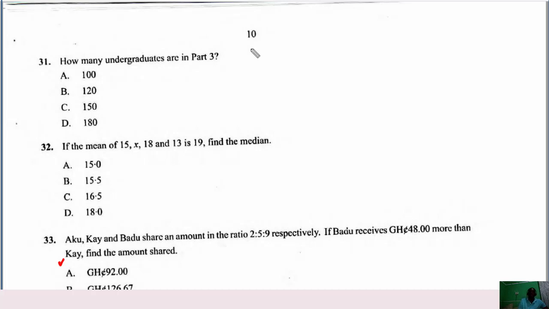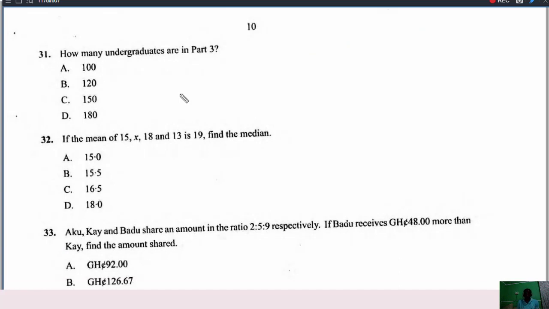The question gave us undergraduates to be 900 people. So how many undergraduates are in part 3? So we need to find part 3 and solve it using the undergraduate number given.